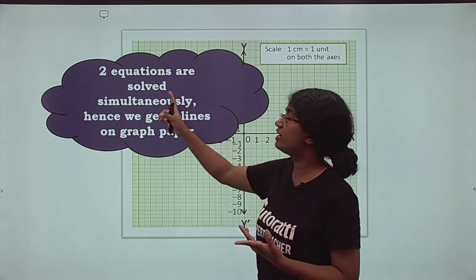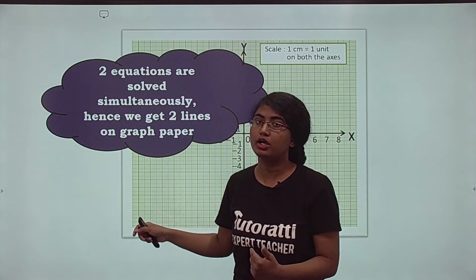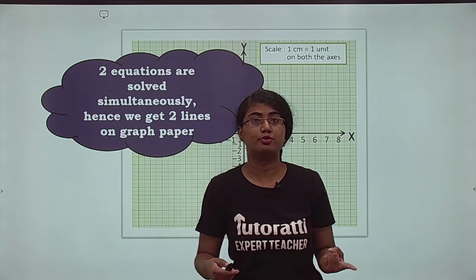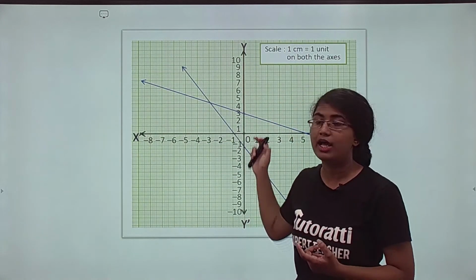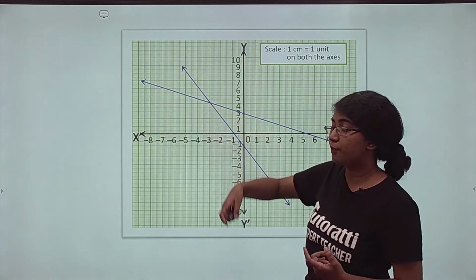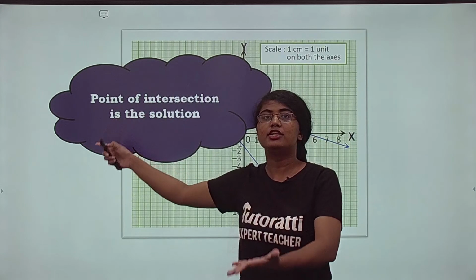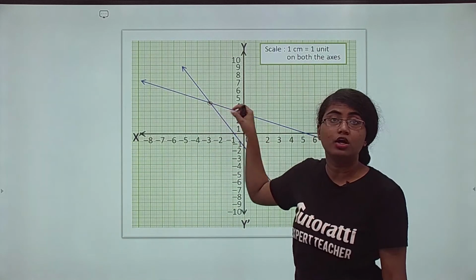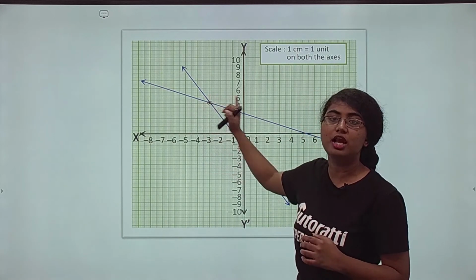Two equations are solved simultaneously, hence we get two lines on a graph paper, and they are supposed to be intersecting somewhere. Say for example, this is the first line and this is the second line. There's a point of intersection. This point of intersection is the solution. Can you see the point? Where is it located? -3 and 4.